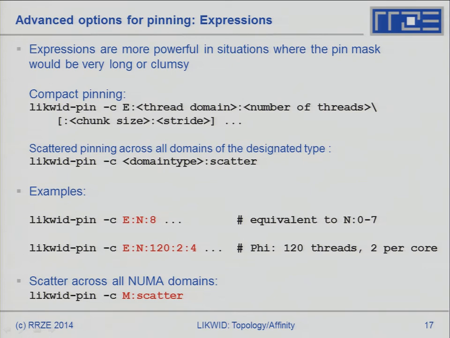We could put it in, but it's not been done yet. But with this one, this will work. You would say -e n, for example, 16, 1, 2. Chunk size 1, stride 2. Then you would just omit every other core. So you can play around with that. Sometimes it's nicer to use this syntax, especially if you have lots of cores.